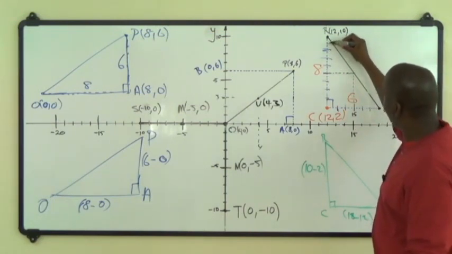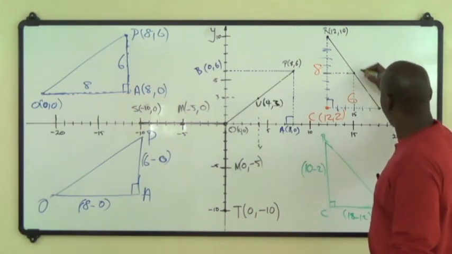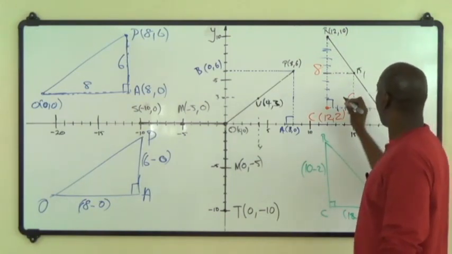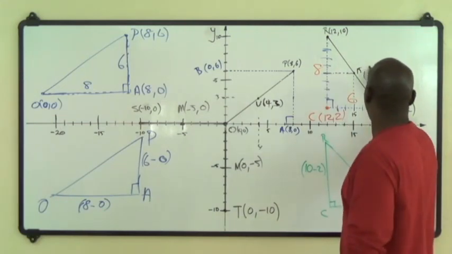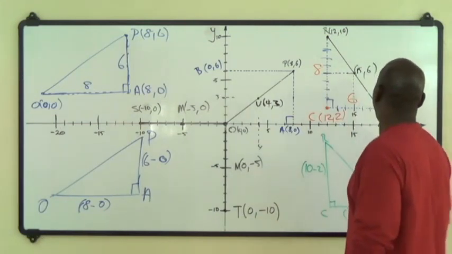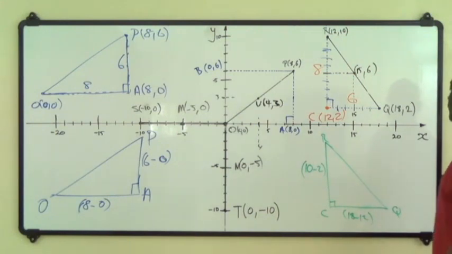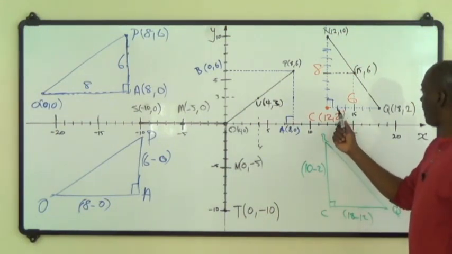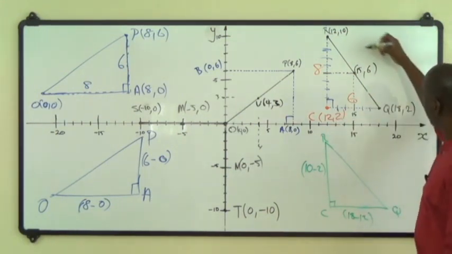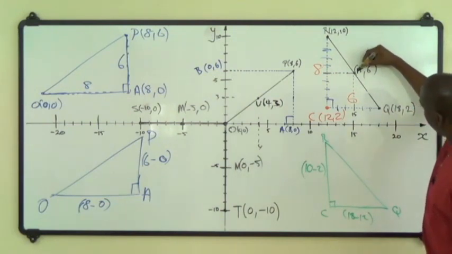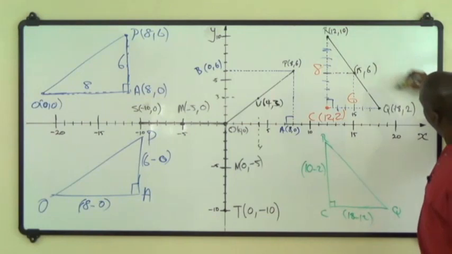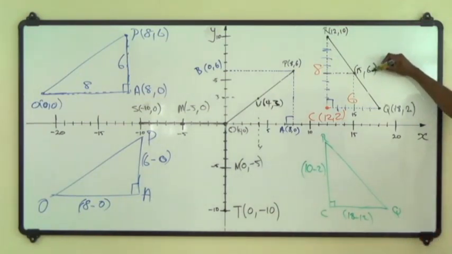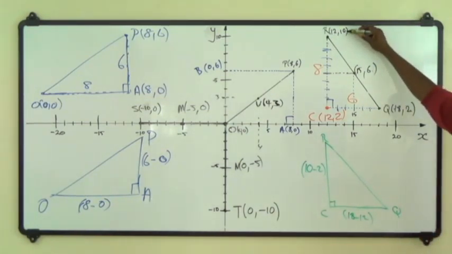So this will be the point 15, 6. Now, watch it. 12 to 15 is 3, 15 to 18 is 3. 2 to 6 is 4, 6 to 10 is also 4.